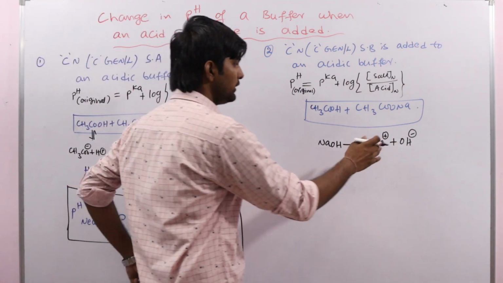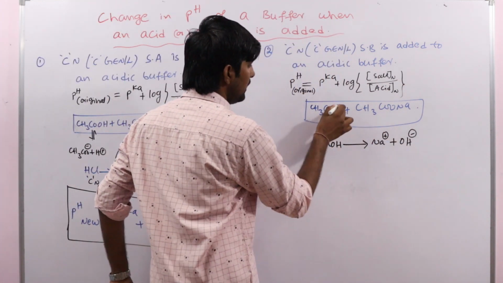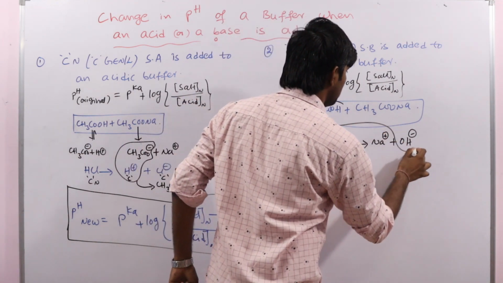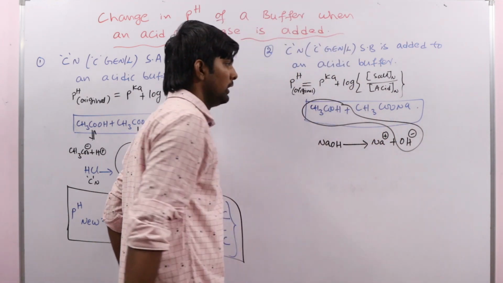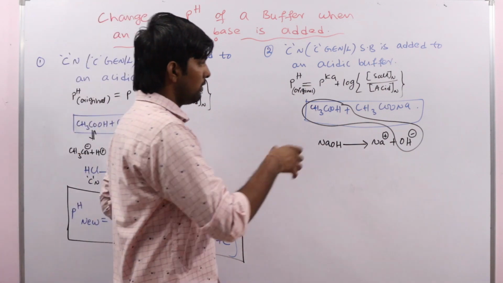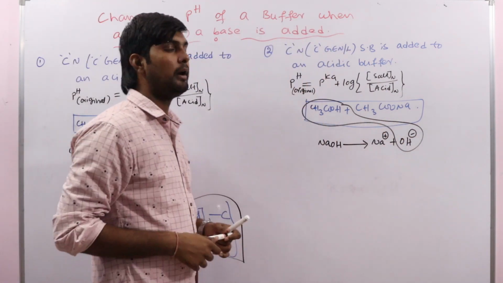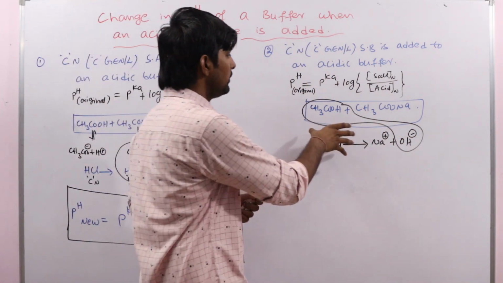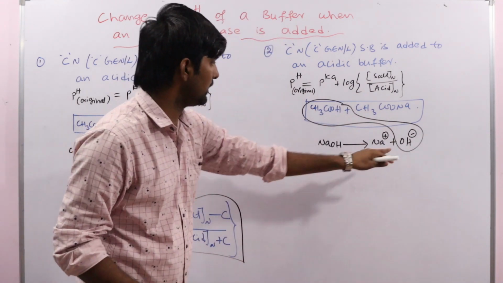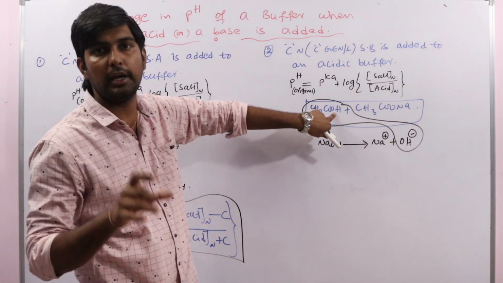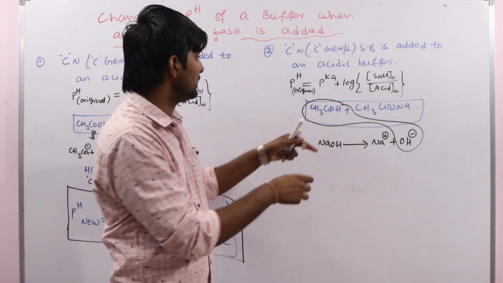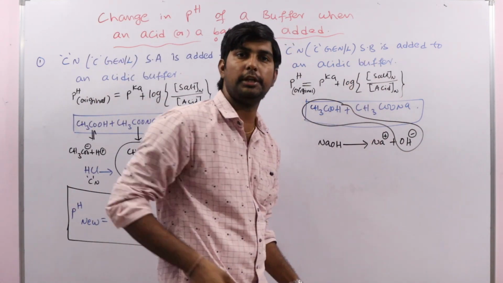So OH minus reacts with the acid present in the solution. The OH minus ions which we are adding to the acidic buffer solution react with the undissociated acid, which is the acid present in the acidic buffer.